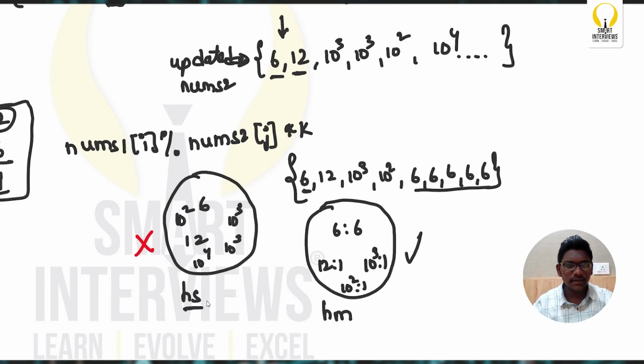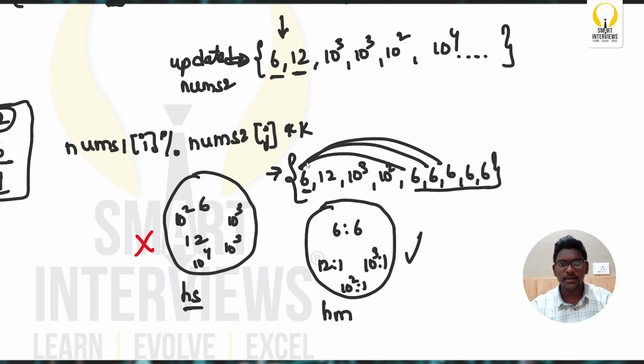But this approach will of course give us a wrong answer. For that, you can refer to this test case where the array has duplicates. The array may also have duplicates. For that case, you'll miss all these pairs if you use a hash set.